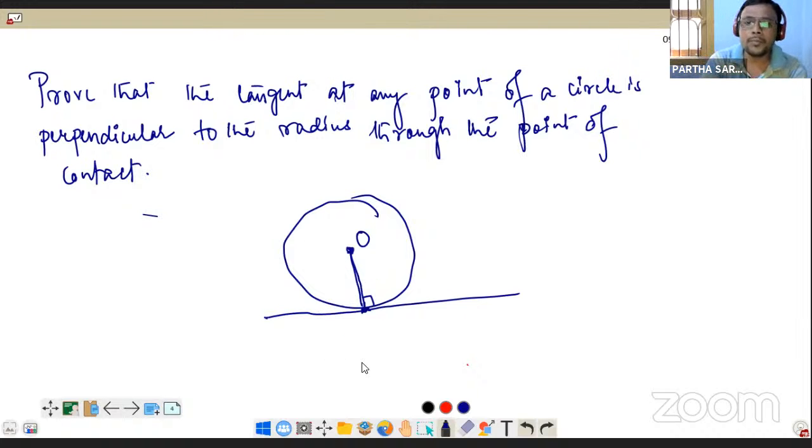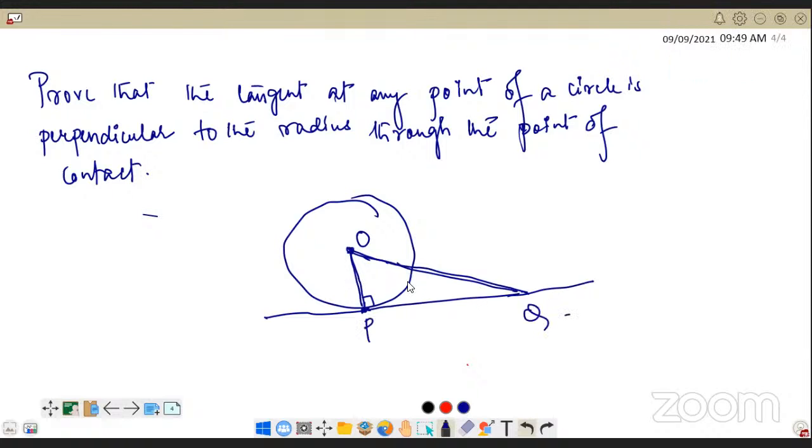So how will you prove this? That is the question, isn't it? I'm just giving you a hint. To make this a perpendicular, say I am drawing this line. Is it perpendicular? Can anyone tell me? For example, this is Q. Whether OQ is perpendicular to this line?